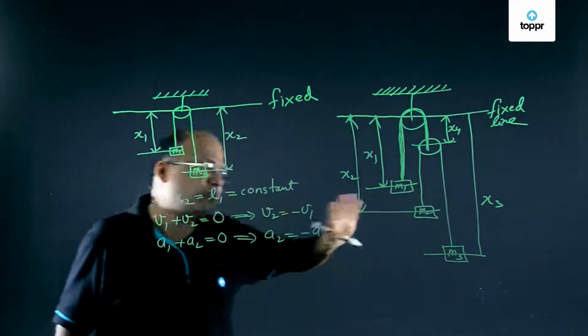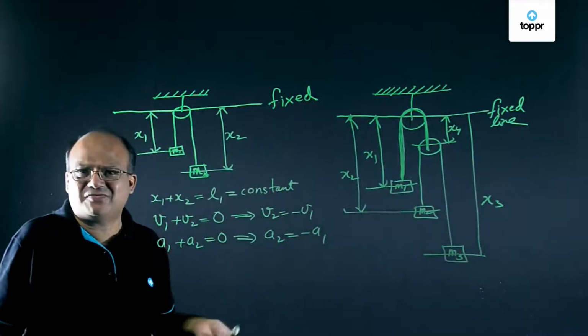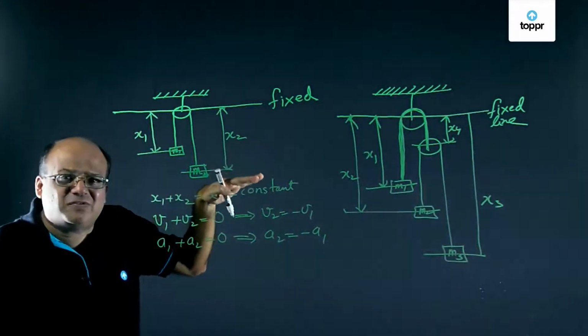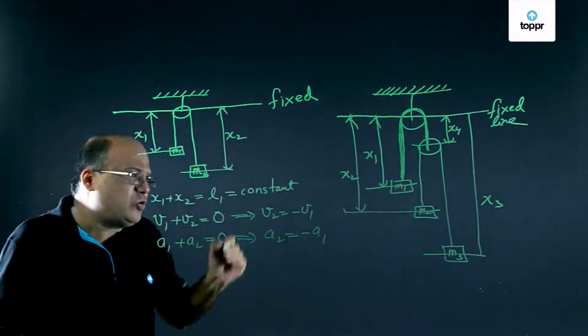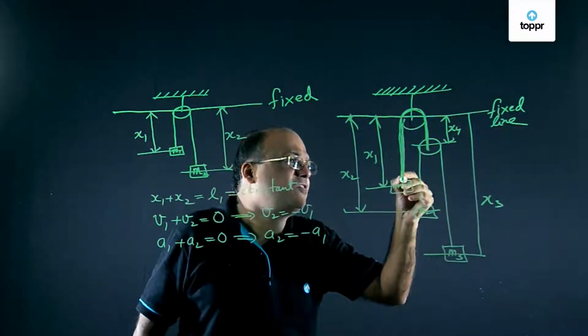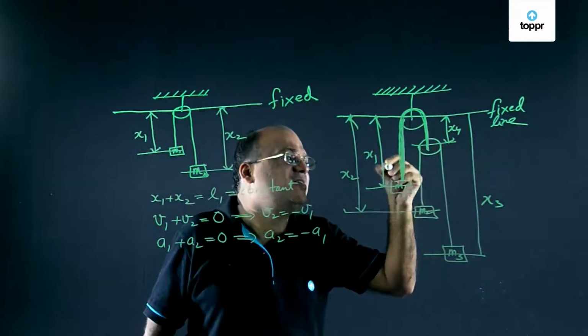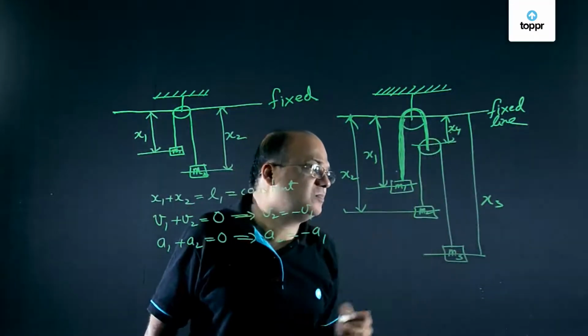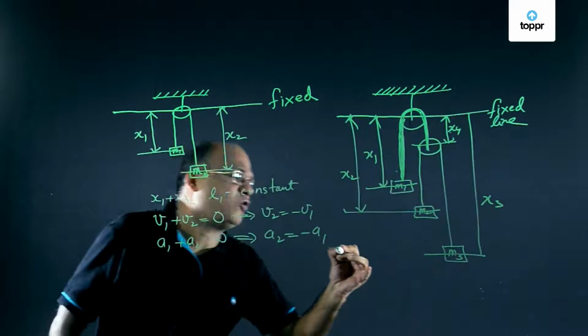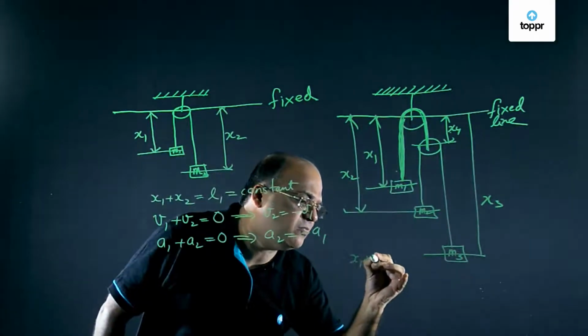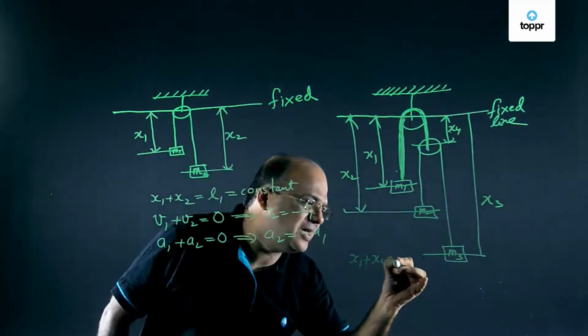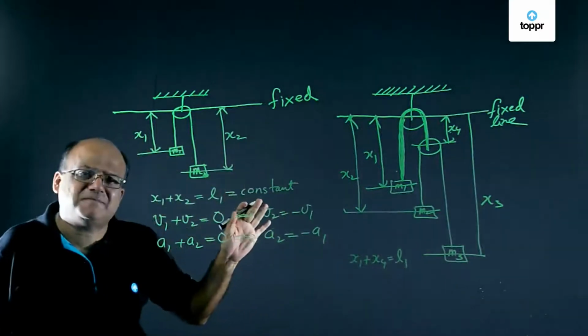After I complete all the masses, then you can give the distance to pulleys variable names. So if you look at the length of this first string, this is x1 plus x4. So we get x1 plus x4 equal to L1, right? That is the length of the first string.